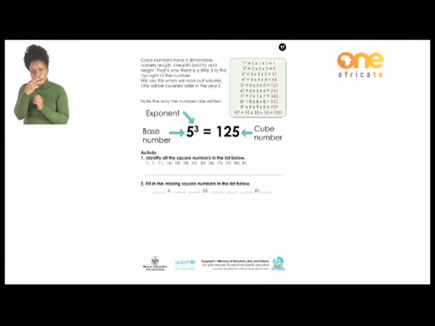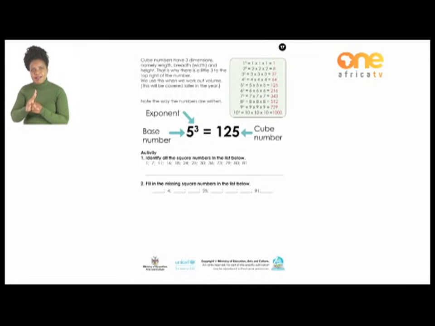That gives you 1. 1 is also a cube number. 2 cubed gives you 2 times 2 times 2, which gives you 8. 3 cubed gives you 27. 4 cubed gives you 64. 5 cubed gives you 125. 6 cubed gives you 216.